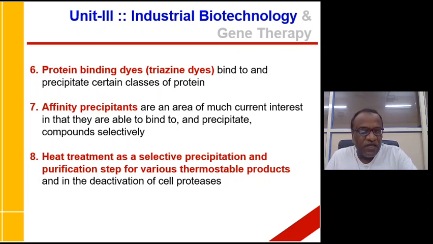Then we have affinity precipitants. So these affinity precipitants are an area of much interest in the present days, and they are capable of binding to and precipitating compounds selectively. That is most important, selective precipitation, so that you obtain the product of interest in desired quantity.